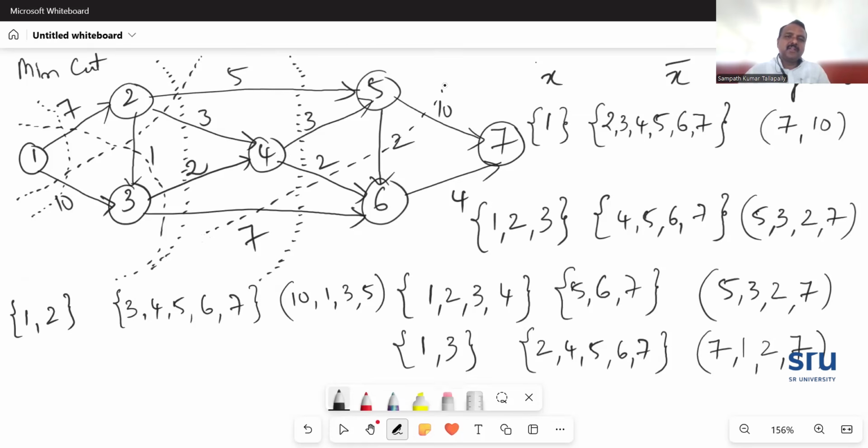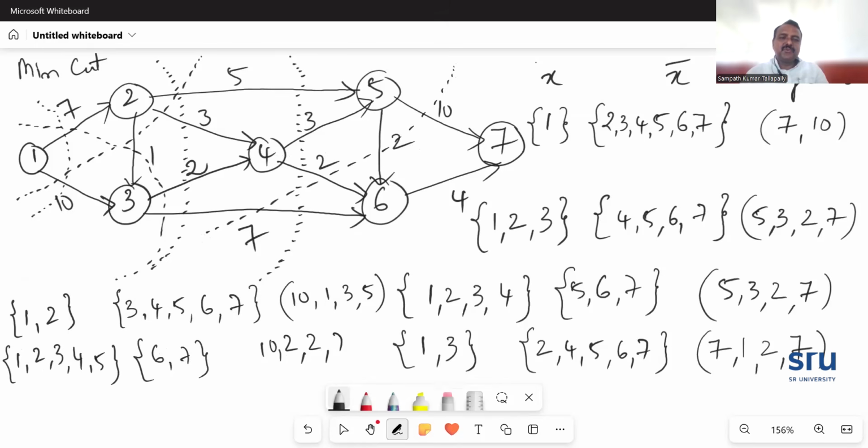If I cut my graph in this way, what do I get? 1, 2, 3, 4, 5 in one set, and then my 6 and 7. So what edge set do I have here now? The edge set is 10, 2, 2, 7. Okay, it is my other one.